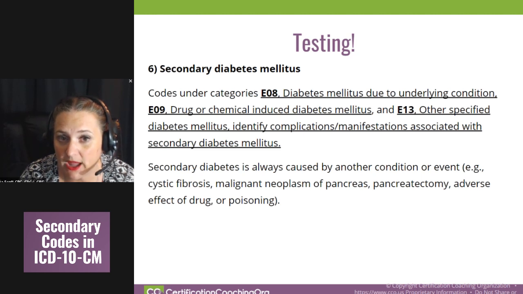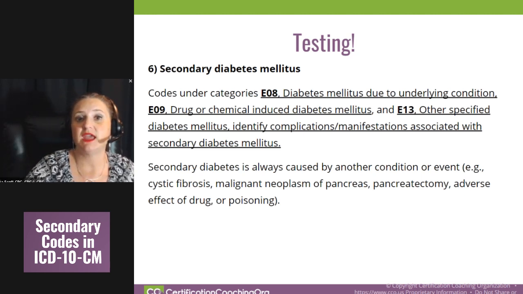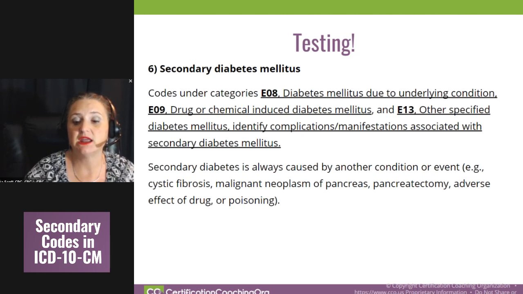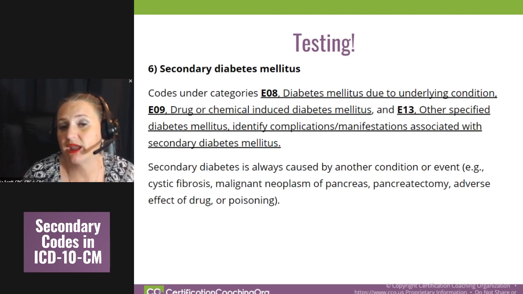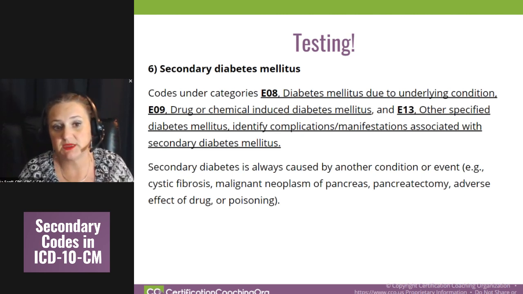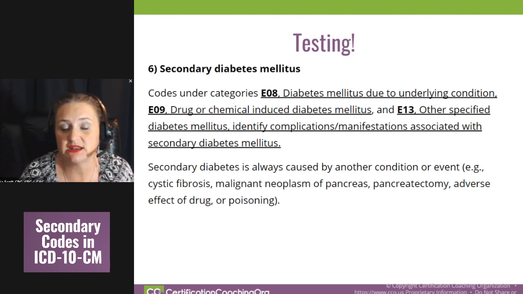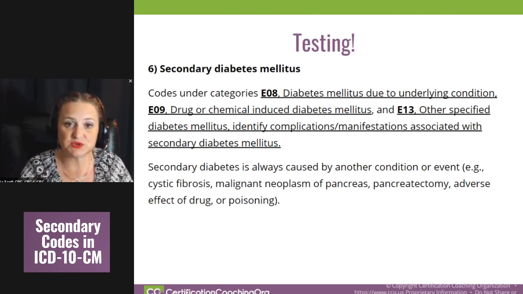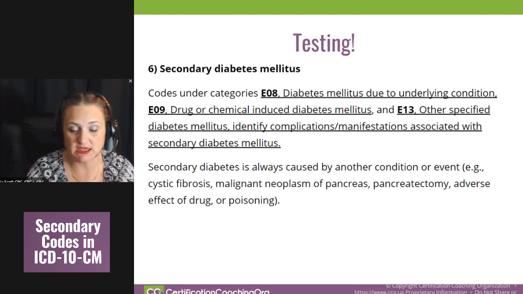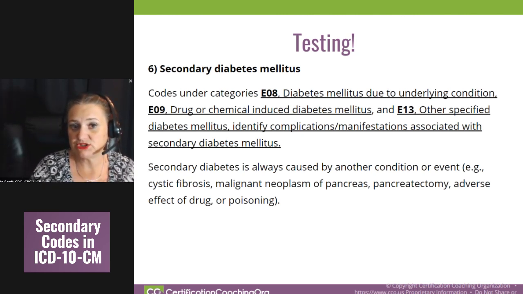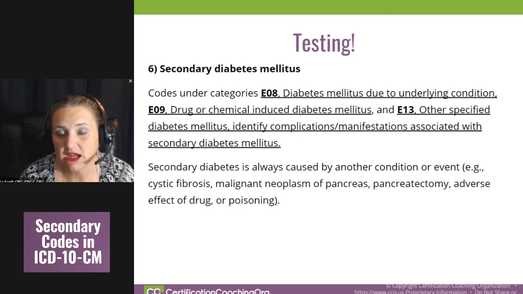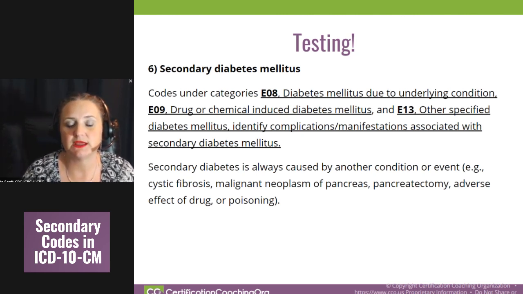The condition can go away. Maybe they have a mass on their pancreas and it's removed. They have a partial pancreatectomy. The trauma to the pancreas due to the surgery is going to trip that person into a state of diabetes that normally would not have been there. So they treat you just like you're a diabetic. You may get oral medication. You may even have to take insulin, but it's a temporary thing.